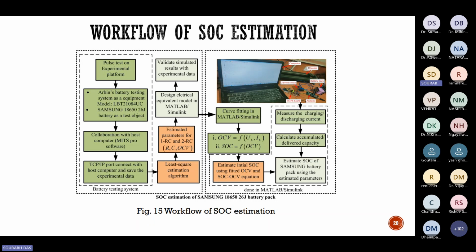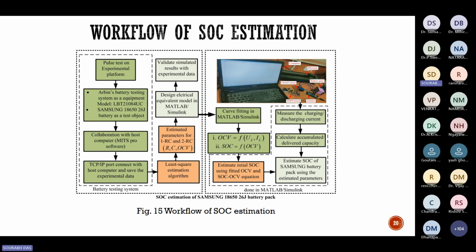The initial SOC was estimated using the fitted OCV-SOC curve, and the battery SOC was further calculated during the testing. The workflow included calculating the accumulated capacity and comparing the results from the simulation and experimental platform to ensure accuracy in the SOC estimation.